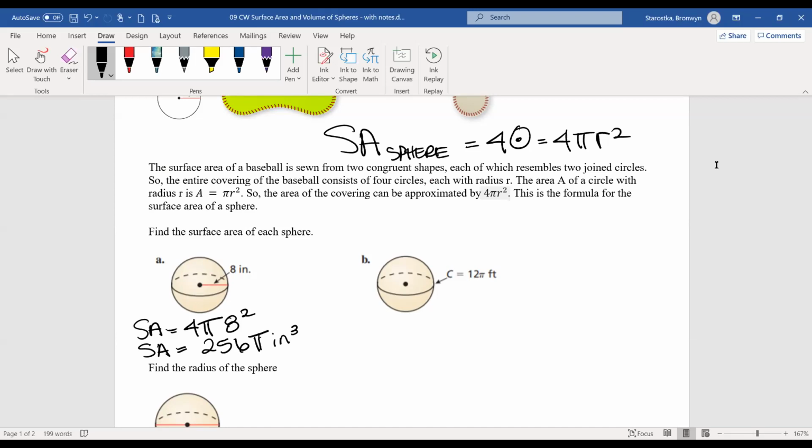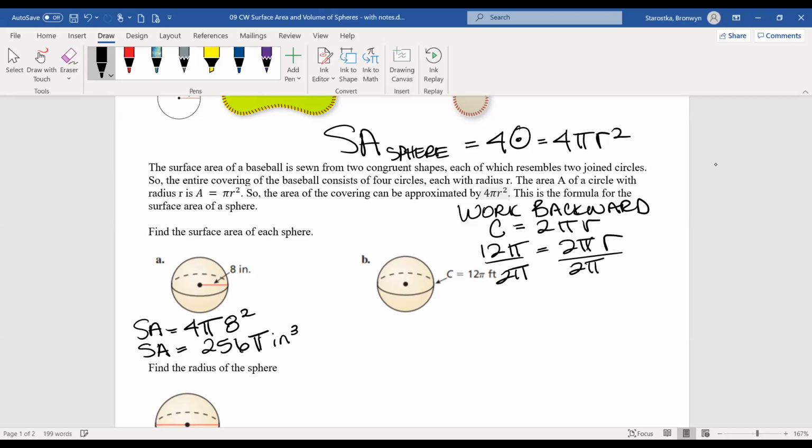For the next one, you're going to be working backward to go forward. So to work backward, remember, circumference is 2 pi r. So we set 12 pi equal to 2 pi r. Divide by 2 pi. We see the pi's cancel. We see the 2's cancel.